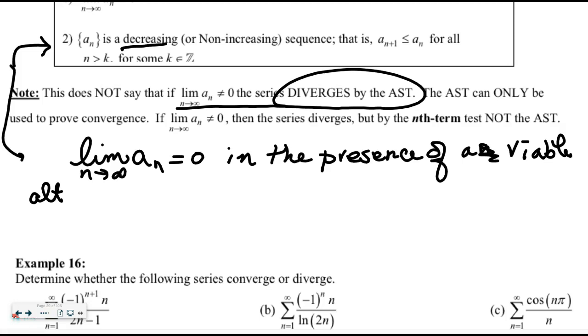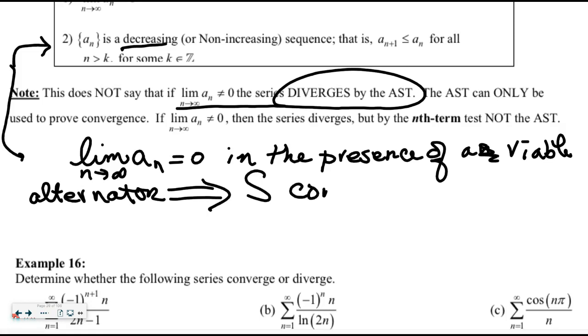So if your limit is 0 in the presence of an alternator, you can stop and definitely conclude convergence. Then this would imply, let's call it S for series, converges by the AST. The AST is a one-way test for convergence only.